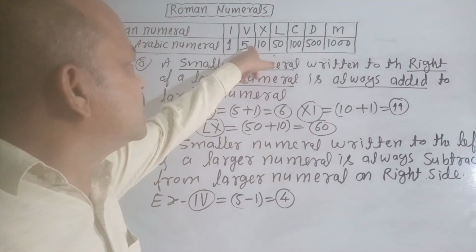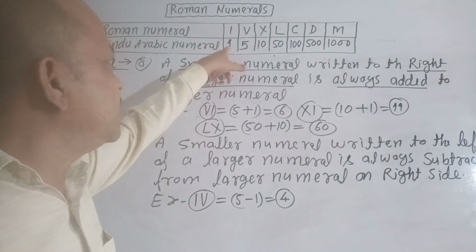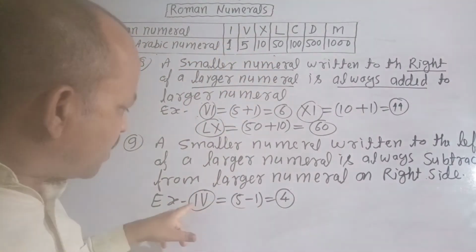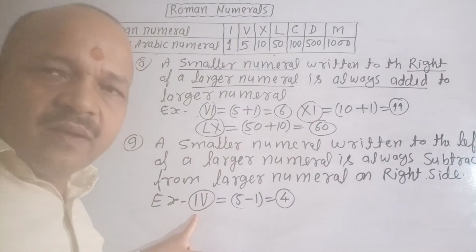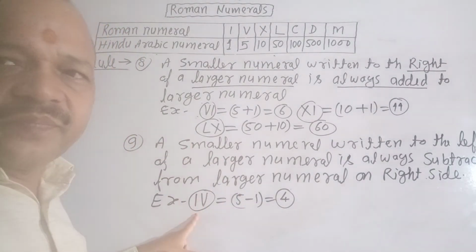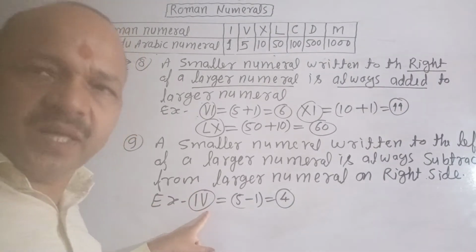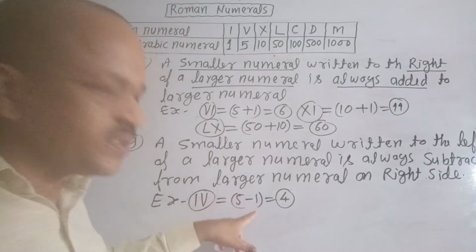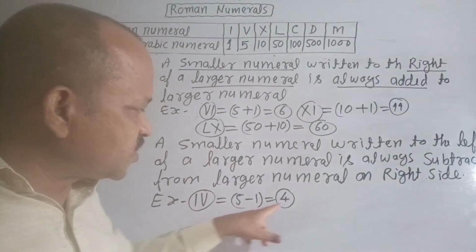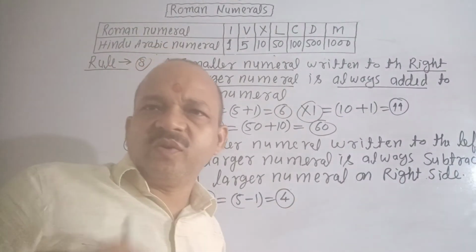Value of V is 5, value of I is 1. Smaller numeral on left side, it means I is on left side of larger numeral V. It means you subtract it. 5 minus 1 equal to 4.